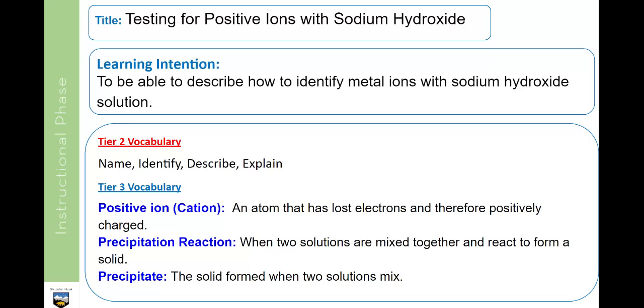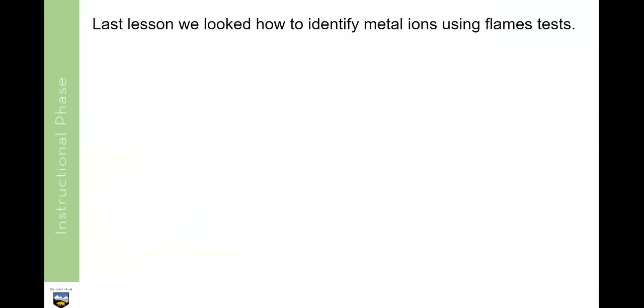We know that from last lesson. Remember, metal ions are always positive. A precipitation reaction is a reaction that happens when 2 solutions are mixed, and when they mix, they react to form a solid. And a precipitate, therefore, is the solid that is formed when 2 solutions mix.